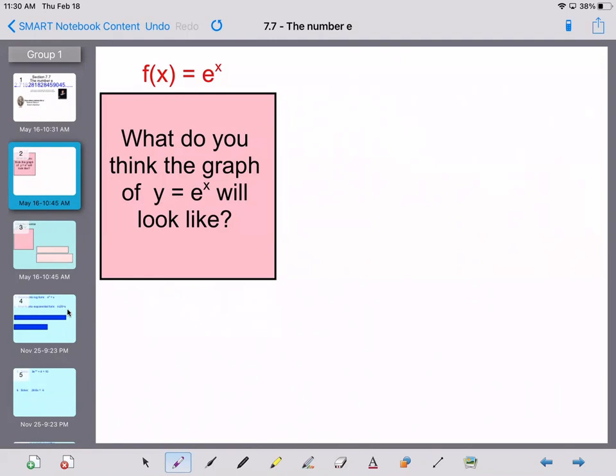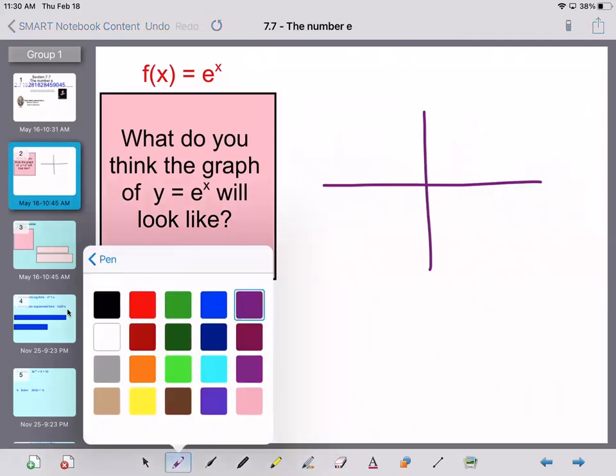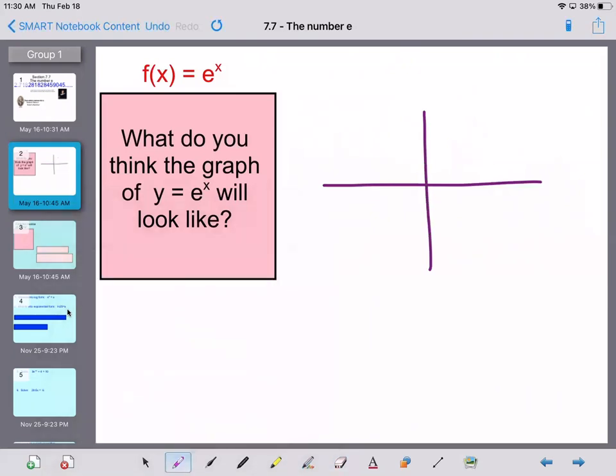So this would be an exponential growth problem. E is the base. It's a number larger than 1. So it's exponential growth. And so when we go to graph this, there's no vertical shift, so therefore the asymptote is at y equals 0. For the y-intercept, make the x value 0.